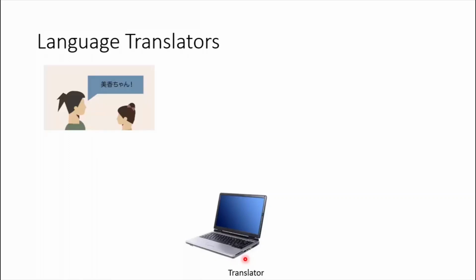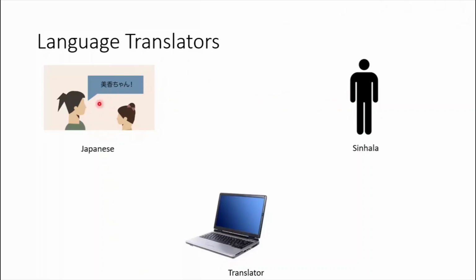In the same way, you may see there's a Japanese person speaking here, and there's a person speaking in Sinhala. Now these two people need to discuss something, some important matter, so communication should happen.